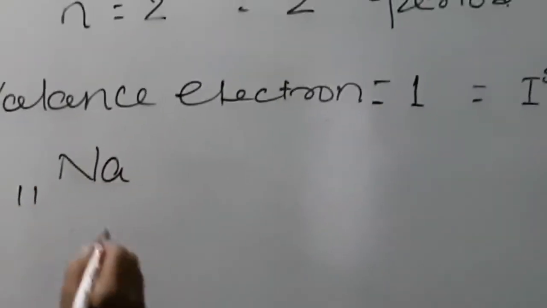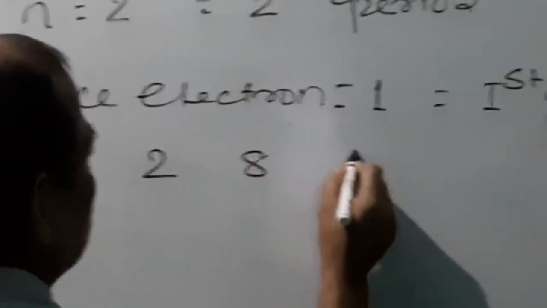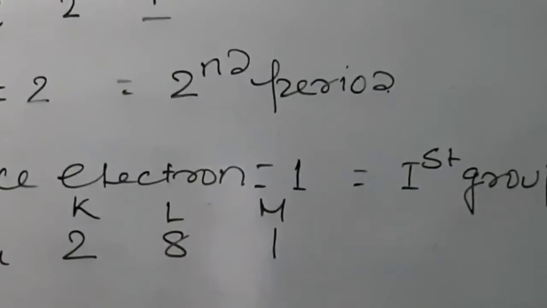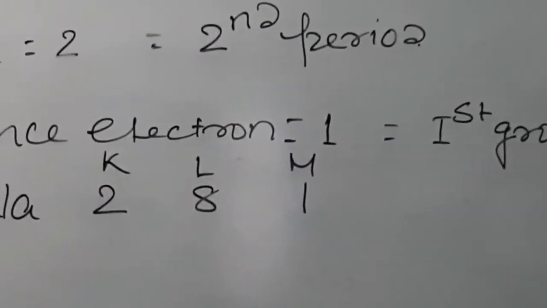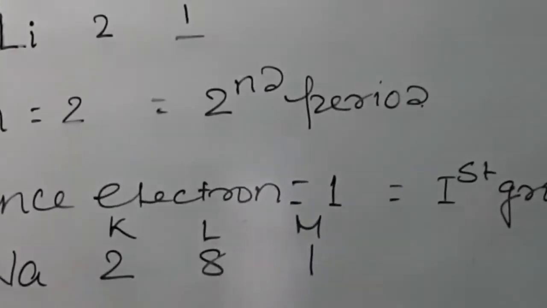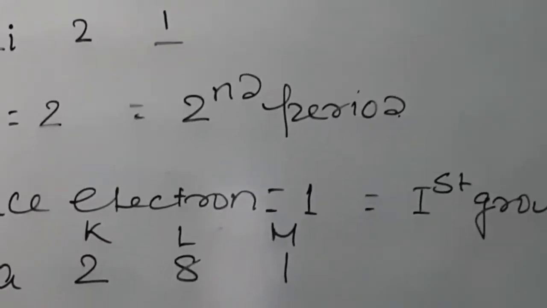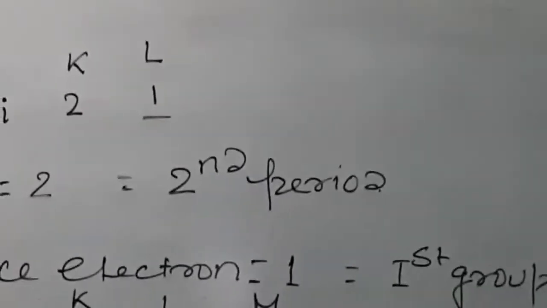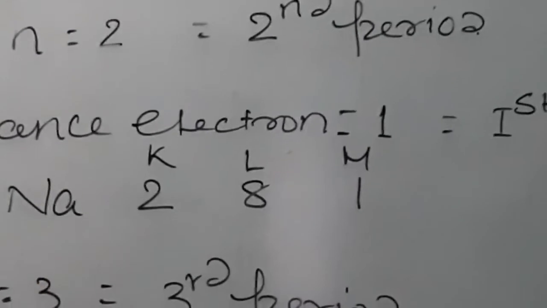If you talk about sodium, 11, 2, 8, 1, K, L, M. Here, how many shells are involved, in which the electrons are being distributed? 3. So the period is the third period.